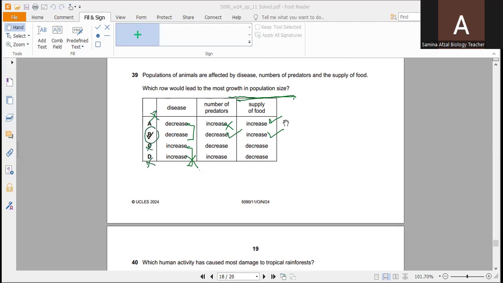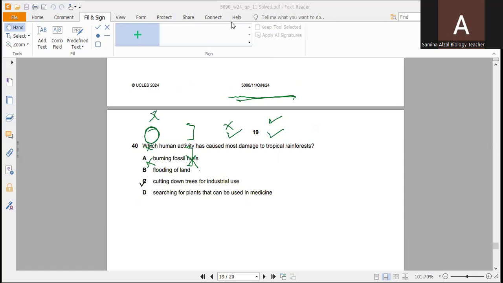Only B is the correct option, because if there is a decrease in the disease rate and also a decrease in the number of predators and the supply of food is increasing, then the growth in population size will also improve. So B is the correct option.